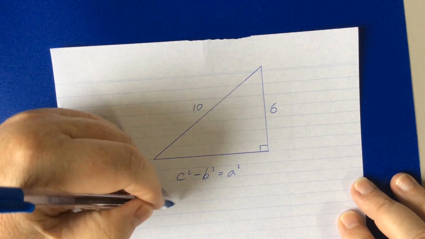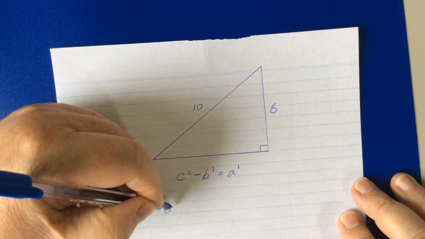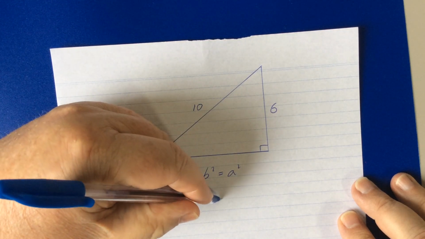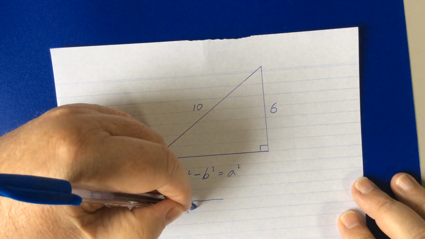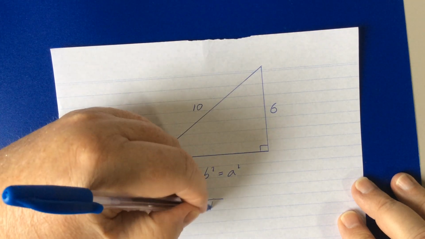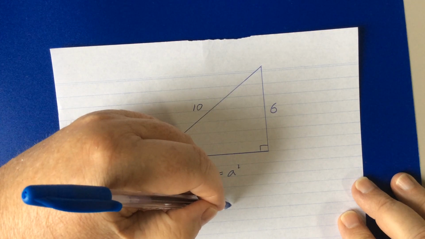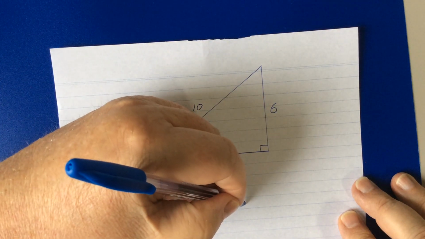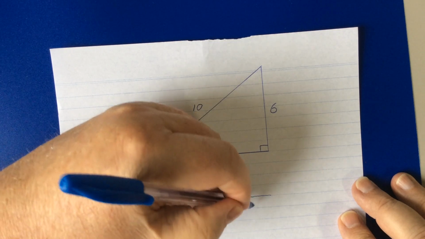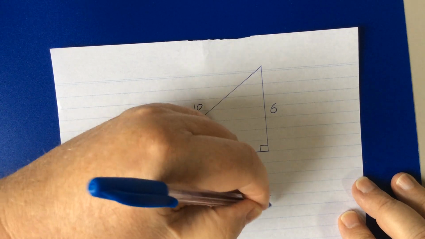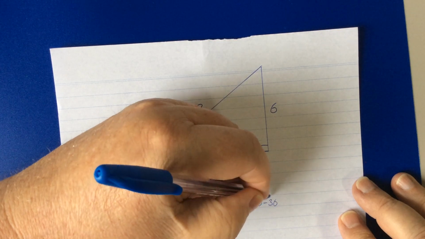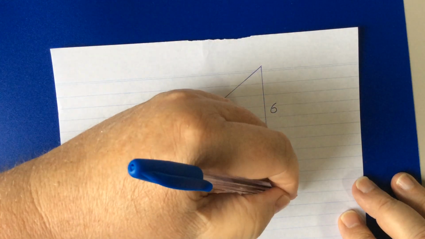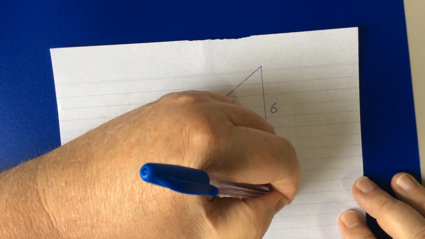Right, here goes. So A is going to equal the square root of C squared minus B squared. That's going to mean that it's equal to the square root of 100 minus 36. That's a 36. It's not a great surface to write on this, so I apologize for my handwriting.